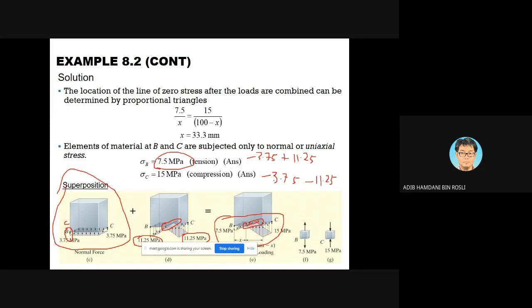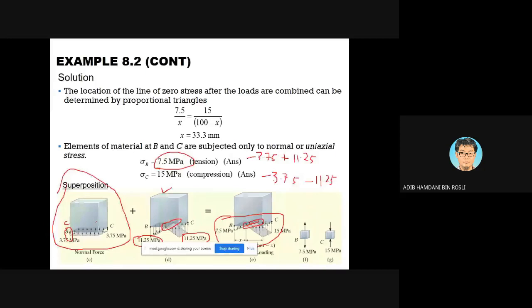Because you have to superpose with the axial stress, the zero stress will be shifted to somewhere, which is this. You use this proportional triangle method to find the location of this x, although actually it's not in the equation.